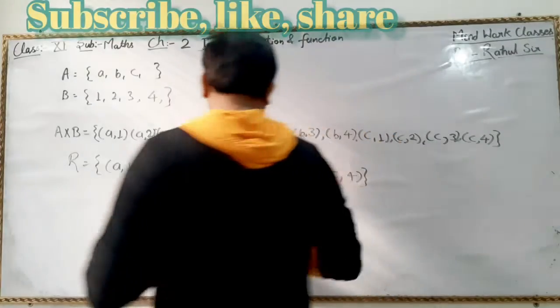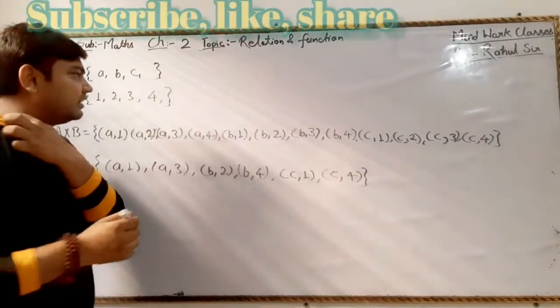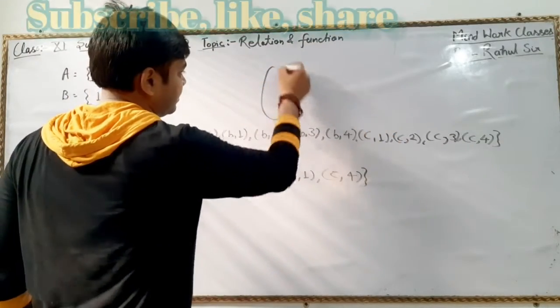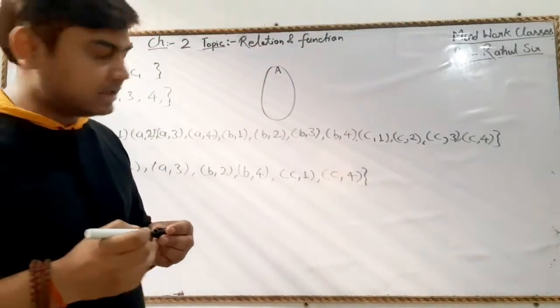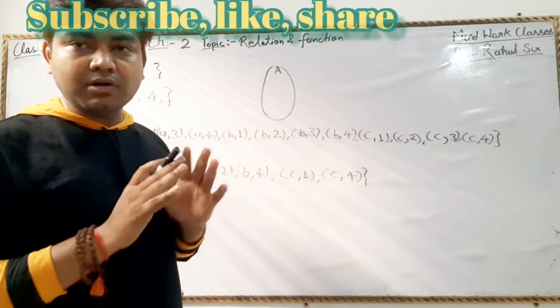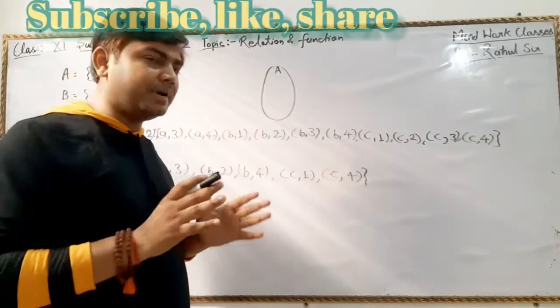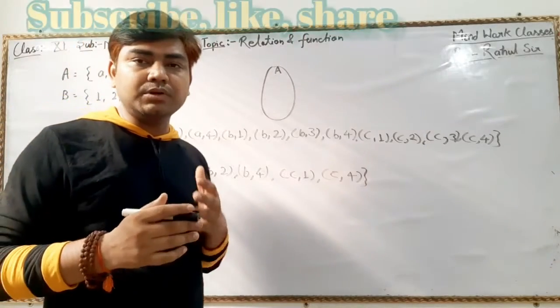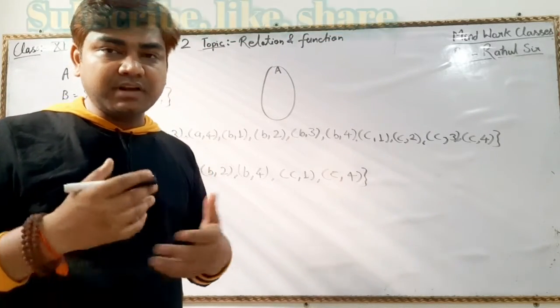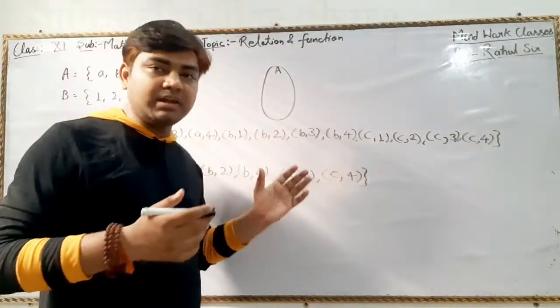So now please understand. Let us say this is set A. Okay, we are not making this like a Venn diagram, but a little bit similar to Venn diagram. And here we are going to understand the representation of relation.